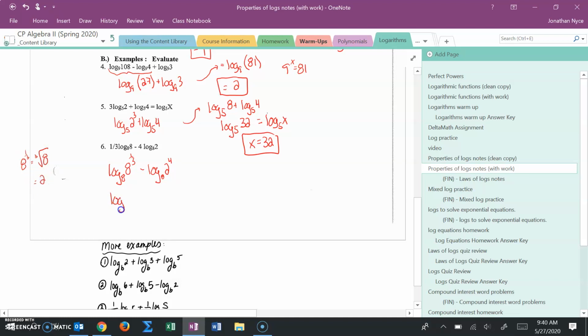So we have log base 8 of 2 minus log base 8 of 16, since 2 to the 4th power is 16. We are now subtracting, so we can divide 2 divided by 16. And 2 over 16 reduces to 1/8. Now this is 8 to what power is 1/8. Well, remember 1/8 we can rewrite as 8 to the negative first. So this is equal to -1.